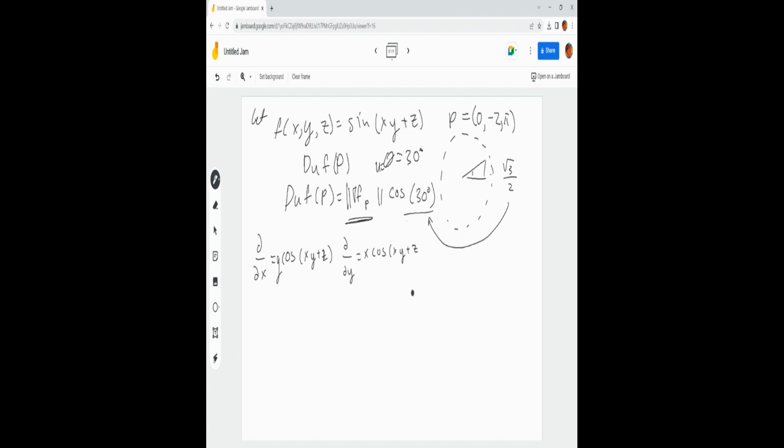And then the last one is dz equals 1, so that's cosine of xy plus z. And as you can see, I write z differently sometimes. It depends on my mood.